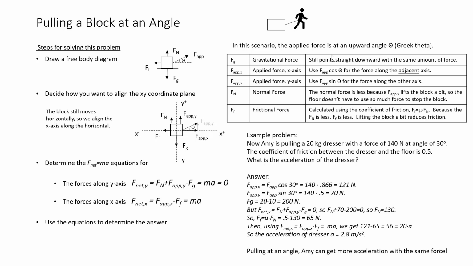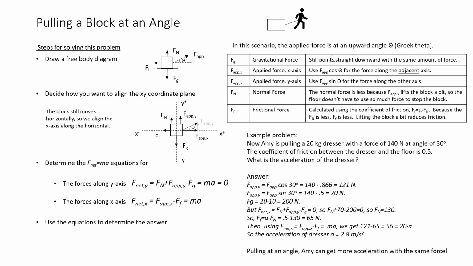And the way you do this is the problem will give you an angle, theta, usually. And whatever axis that angle is coming off of, that's the adjacent axis, okay? And in this case, the adjacent axis is the x-axis.